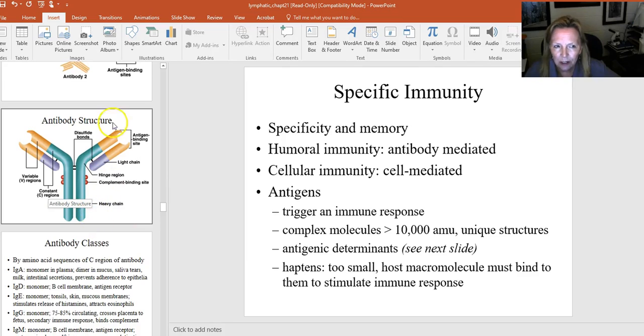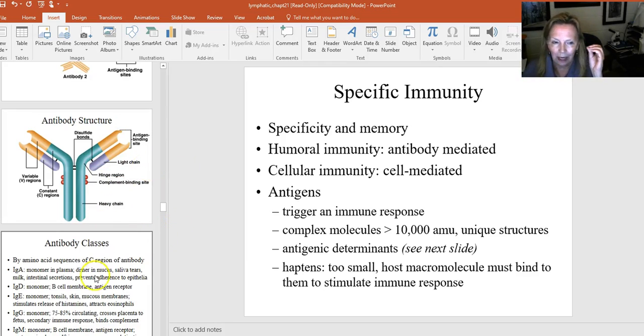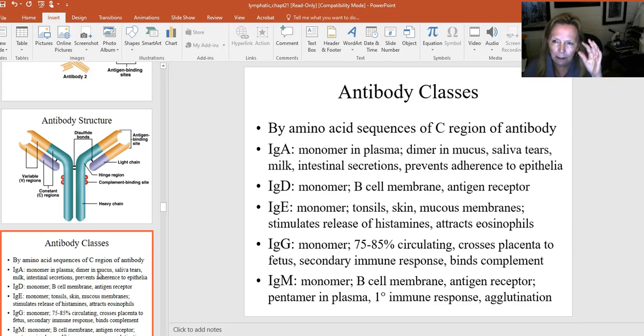So antigens, we know, are proteins that are unique to each different living types of cells and structures. But antibodies, classes, there are 5 different types of classes of antibodies.